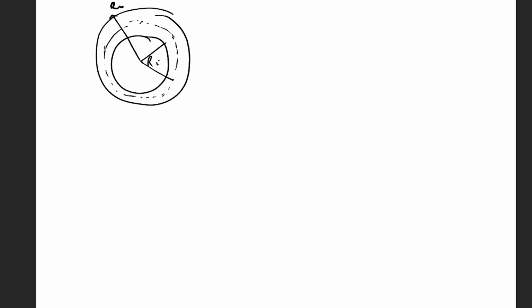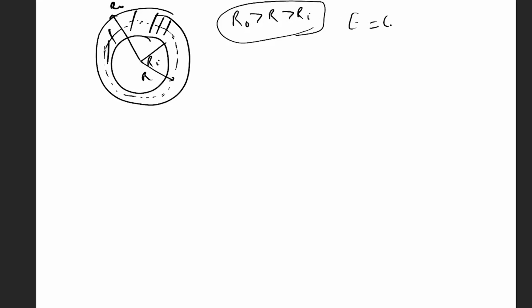So let us say this is r. So what is the scenario? R naught is greater than r is greater than Ri. Again, due to spherical symmetry, the field will be in the radial direction. Of course, since this is a conducting shell and we are in the meat of the conductor, the field will actually be 0.